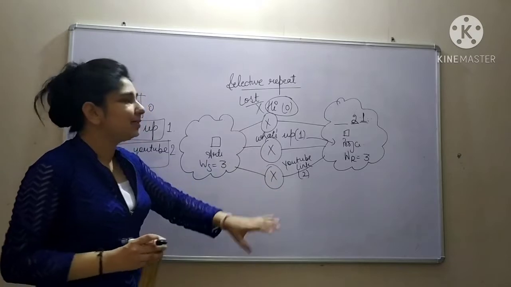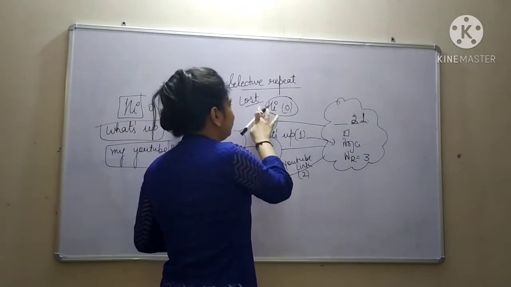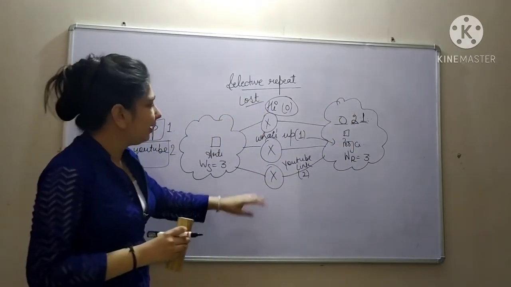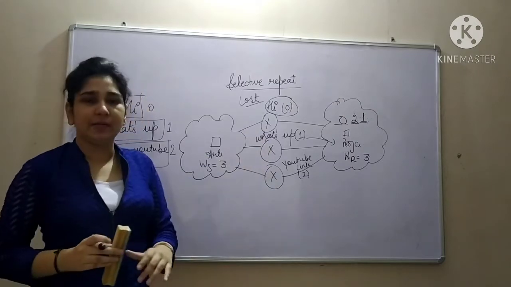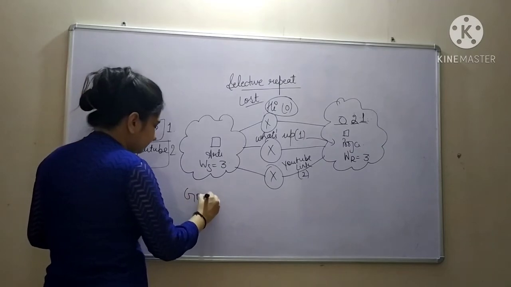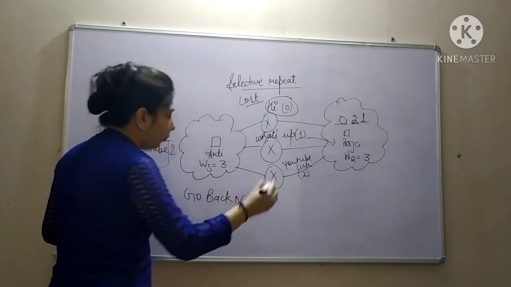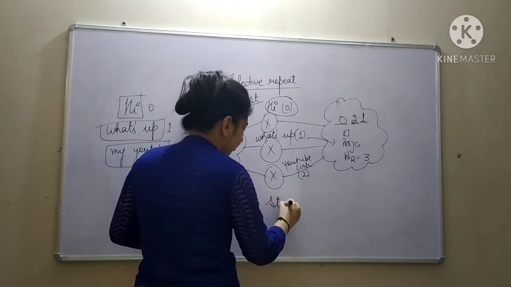So we will be just retransmitting the packet number 0. We retransmit it and the receiver will get this packet. So this is how selective repeat works. If you look at Go-Back-N, it is basically a very stubborn protocol.